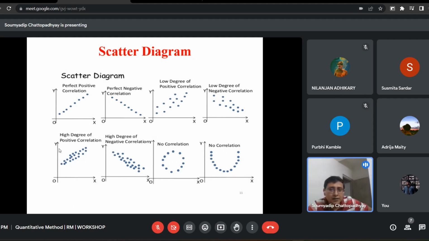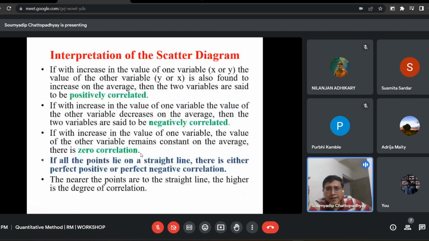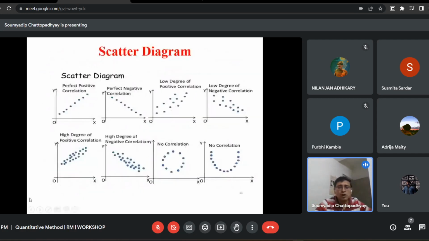So corresponding to a particular individual, he has a particular pair of x and y values. Now, a high degree of positive correlation implies that if there is an increase in the value of one variable, the value of the other variable is also found to increase. If that is the case, then you say that the variables are positively correlated. This is a graphical representation of two positively correlated variables, because with the increase in the value of x, there is also an increase in the value of y.